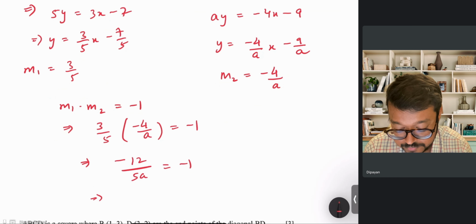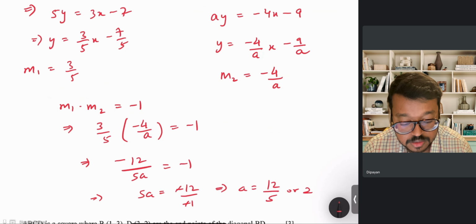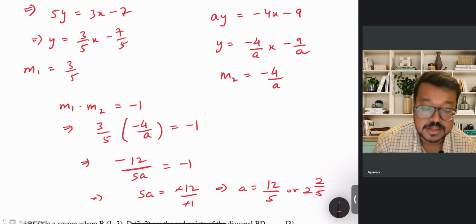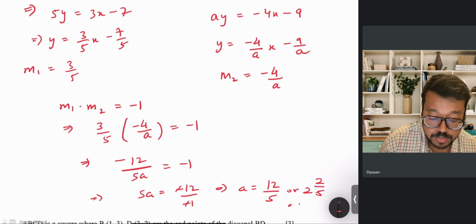That means 5a equals minus 12 by minus 1, that is same as 12. That means a value is 12 by 5, or 2 and 2 by 5 as a mixed fraction, which is same as 2.4 as a decimal.